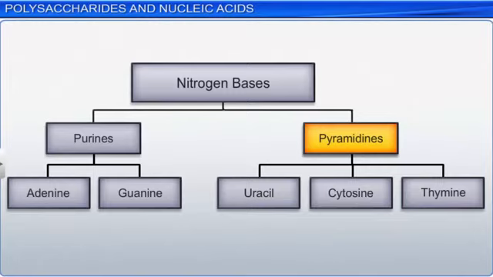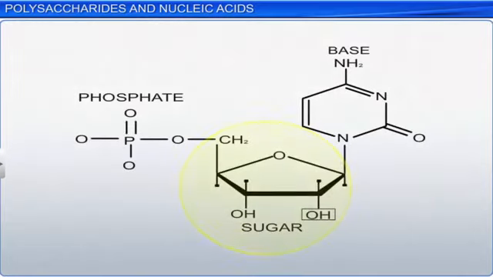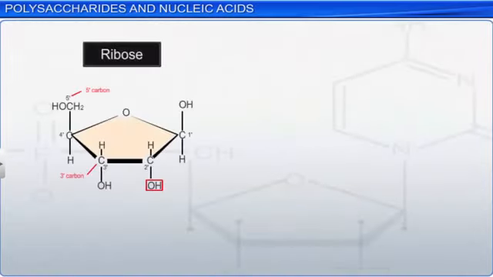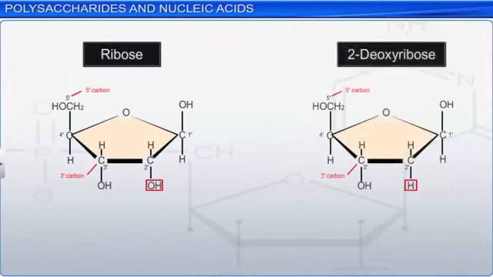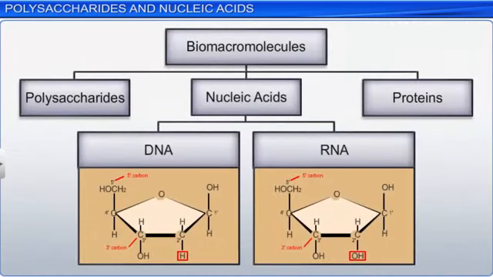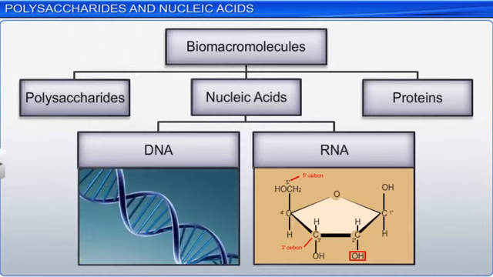The sugar found in nucleotides is either ribose or 2'-deoxyribose. Both these are monosaccharide pentose sugars. Therefore, nucleic acid containing deoxyribose is called deoxyribonucleic acid or DNA, while the one with ribose is called ribonucleic acid or RNA.